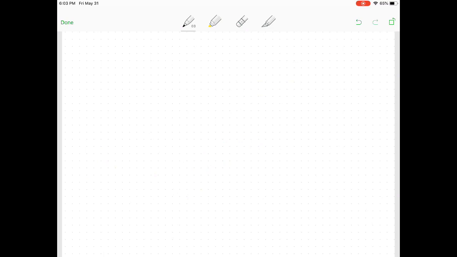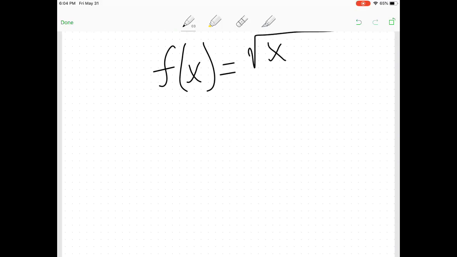All right, let's make things a little bit trickier now. Let's say f of x is equal to the square root of x minus 4 over x squared minus 9. So things just got trickier. Now we need to take into account two things.